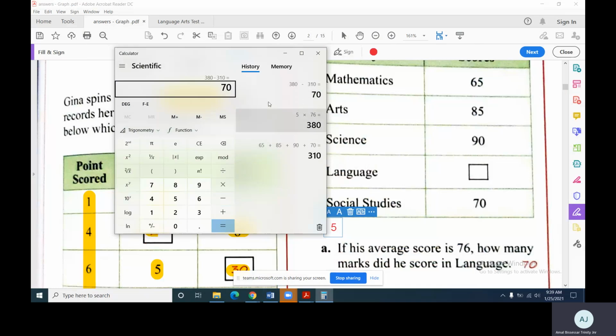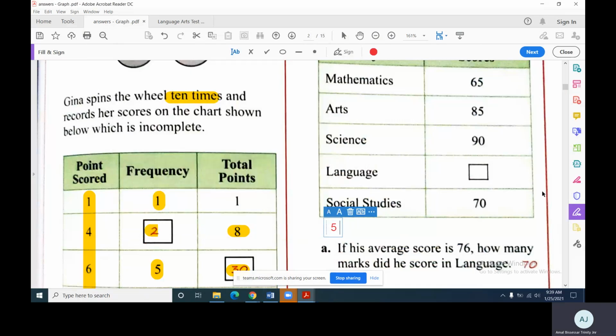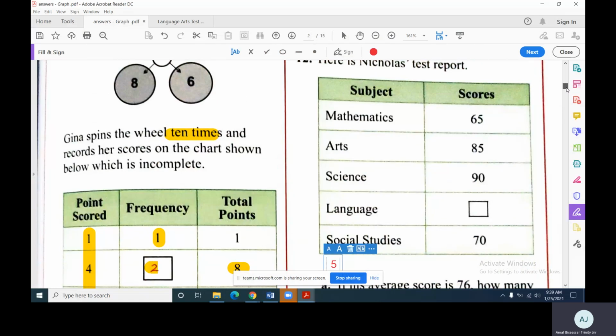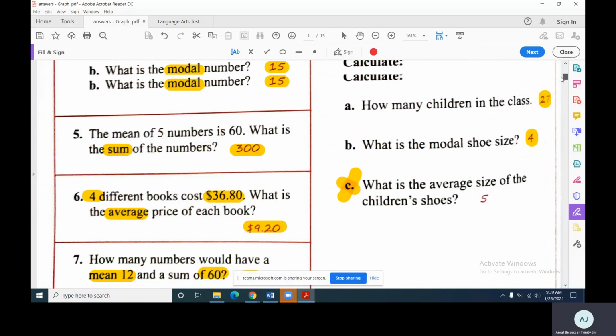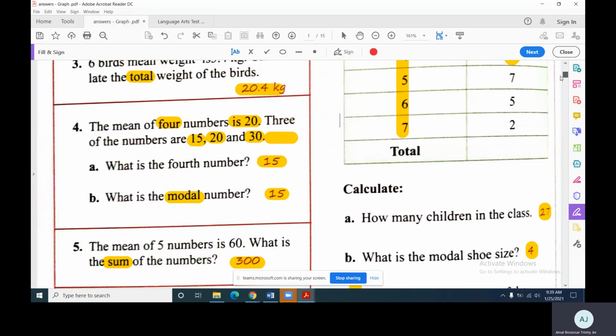So this is always the same. You multiply to find your total, because it's 5 by 76 to find out the total in 5. But all you have is 4. So you subtract to find the fifth. I will show you if I scroll back up. This table, all of this fancy work on this table, is the same as number 4 here.